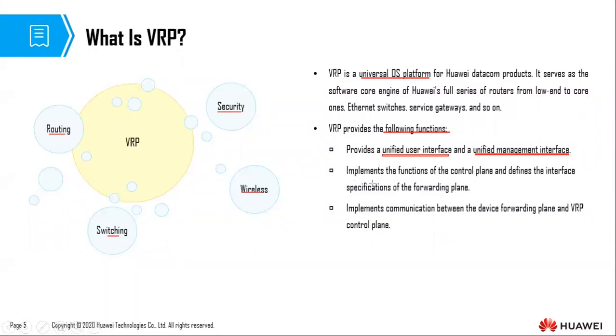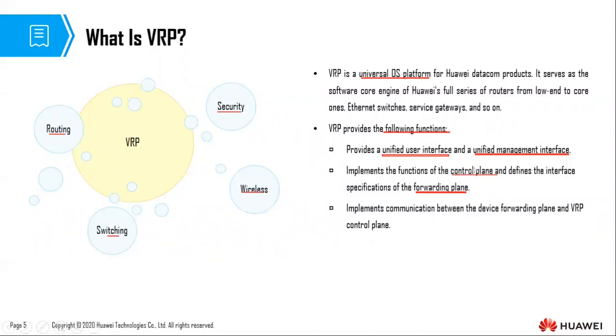Then it also implements the functions of the control plane. We're going to discuss this a little bit further when we start looking at routing. And we also have what we call the forwarding plane. So at the moment, just know that VRP helps with the functions of both planes.